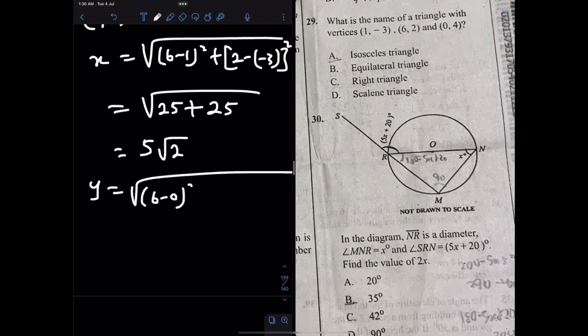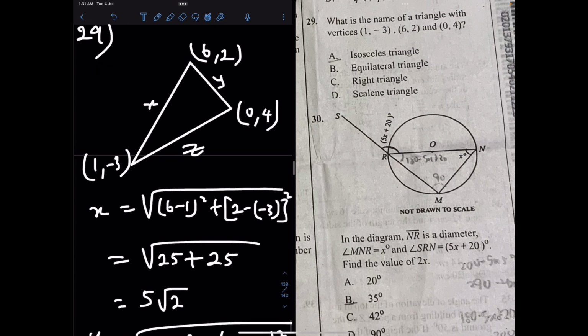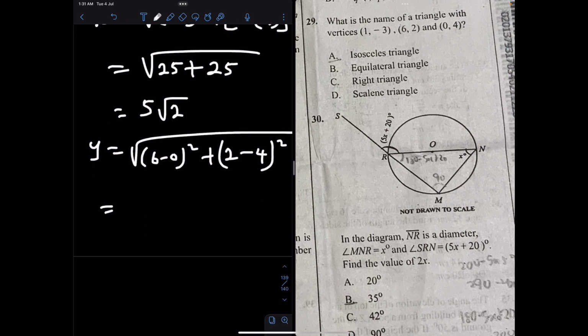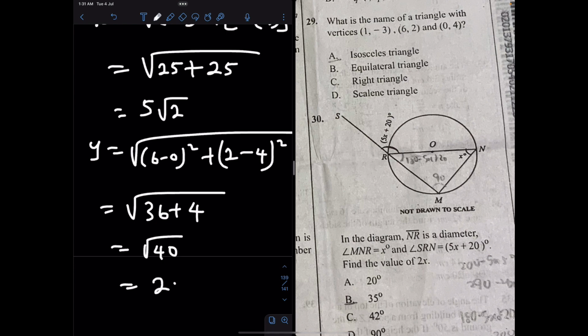That's equal to the square root of 6 minus 0, which is 6. 6 squared is 36. Plus 2 minus 4 is minus 2. The square of minus 2 is 4. And that's the square root of 40, which is 4 times 10, and that's 2 root 10.